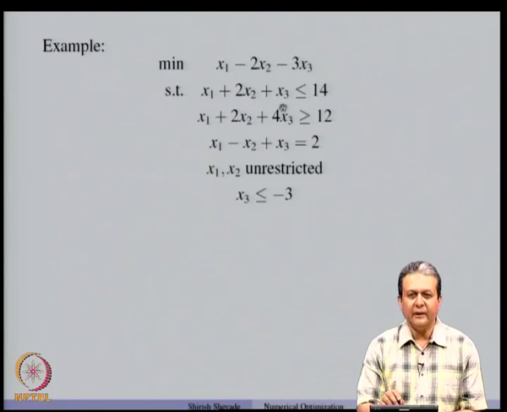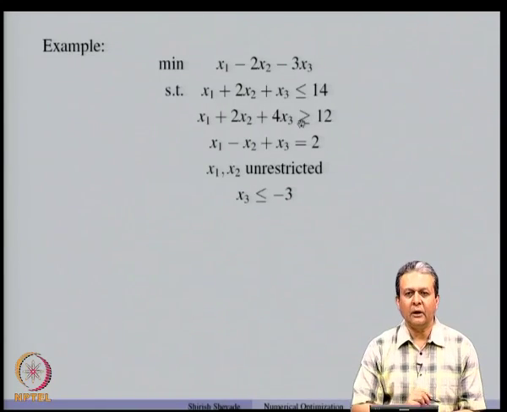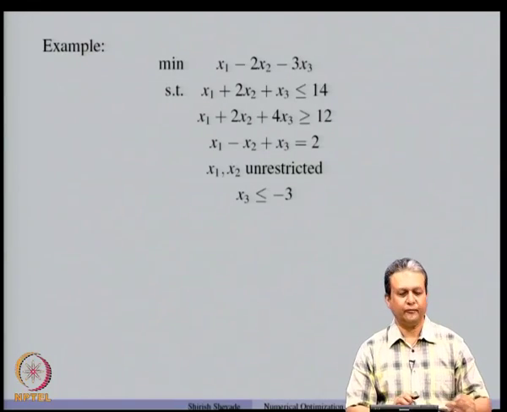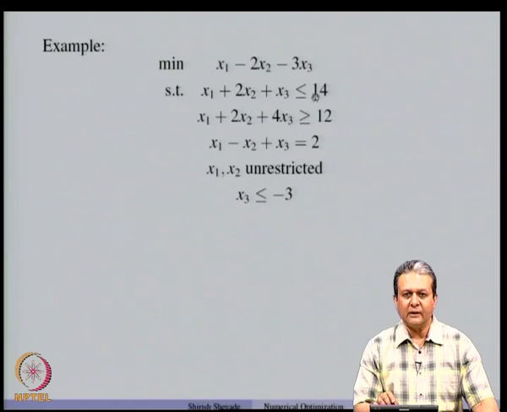We have already seen that constraints of the type less than or equal to can be converted to equality type constraints by introduction of a slack variable, and constraints of the type greater than or equal to can be converted to equality constraints by introduction of surplus variables. So, we will need one extra variable for each of these constraints, and those two variables are non-negative.